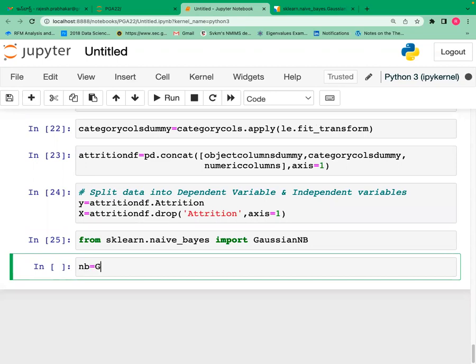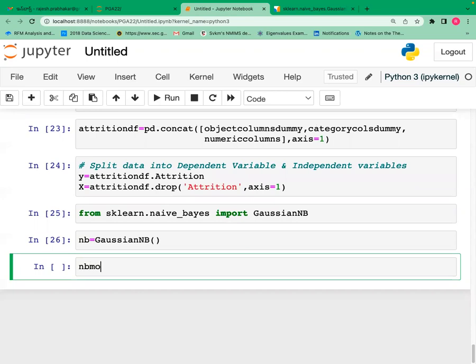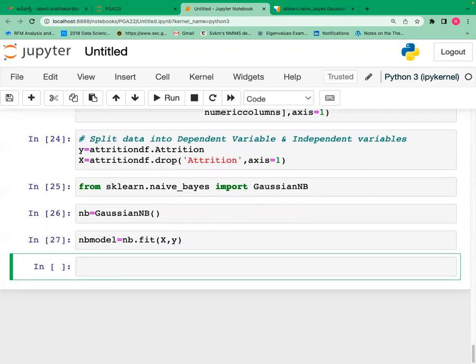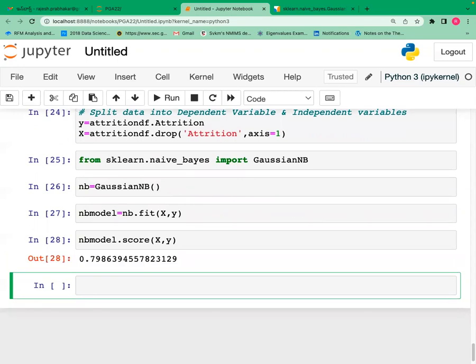NB is equal to GaussianNB. NB model is equal to NB.fit(X, y). The model.score(X, y) gives 79.86.